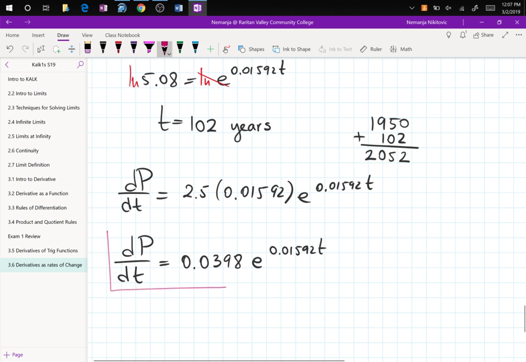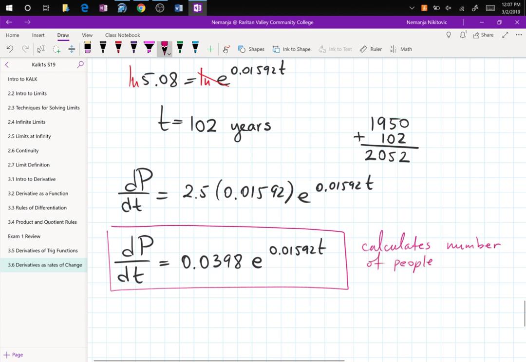Now, this formula calculates the number of people added to world population in any given year.